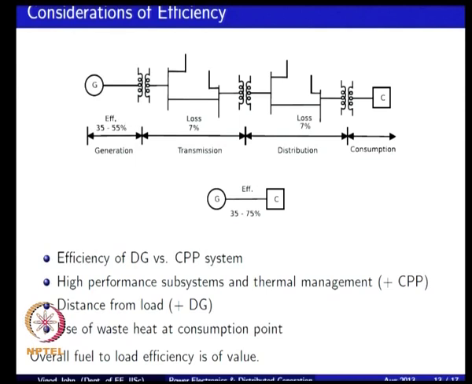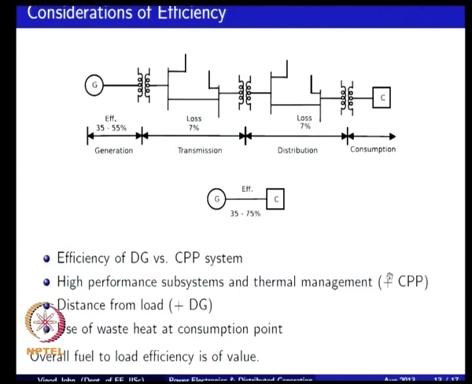For example, if you have a centralized system, because it is a very large power source, you can make use of generators with high performance components, with better cooling, etc., to improve the efficiency at the large centralized generator, making use of the economies of scale, whereas you may not be able to increase the cost of a small generator to that extent.